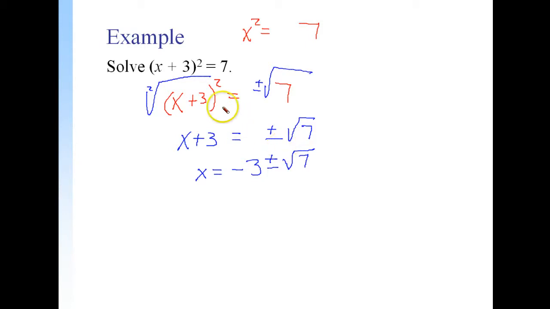So we are introducing now a technique that will take a perfect square trinomial on this side, that we can factor into a binomial squared equaling something, then take the square root of this using the principle of the square root and solve for the letter x.